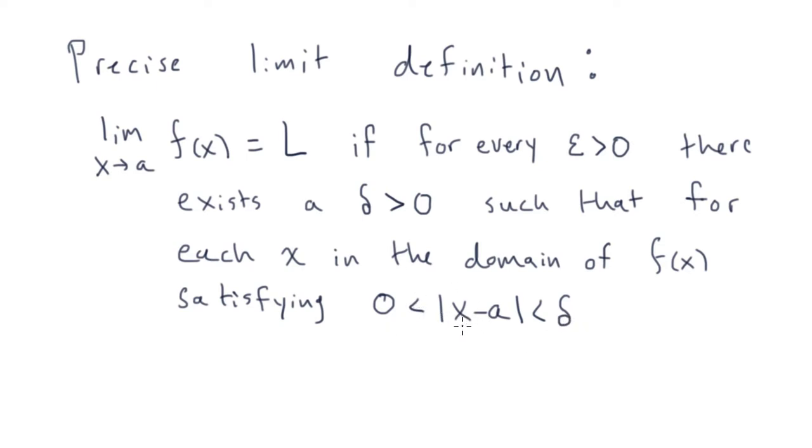So this is just ruling out the case that we're actually at x equals a. Okay, so every such x that satisfies this, we have the following. The distance between f of x and this number L that we're saying is the limit should be less than this arbitrary small real number epsilon.